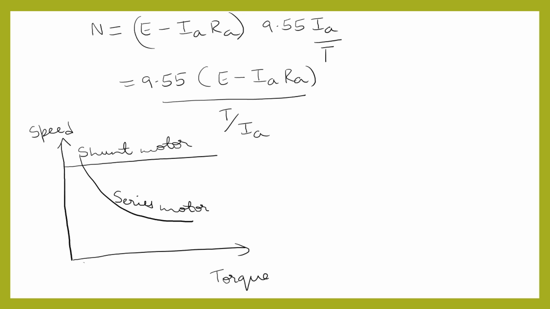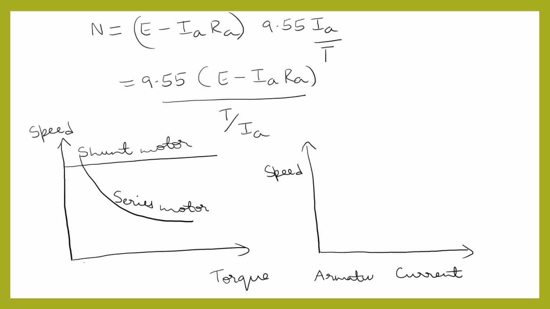Similarly, the speed current curve, that is the armature current, is a straight line again for shunt motor, and for series motor it is as shown in the figure.